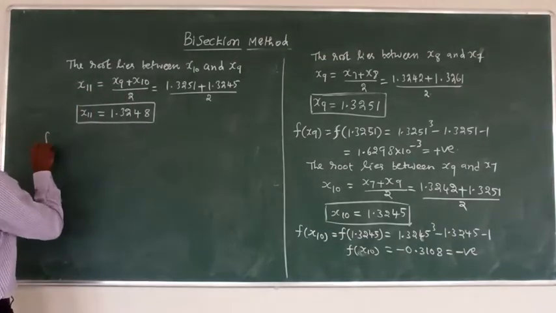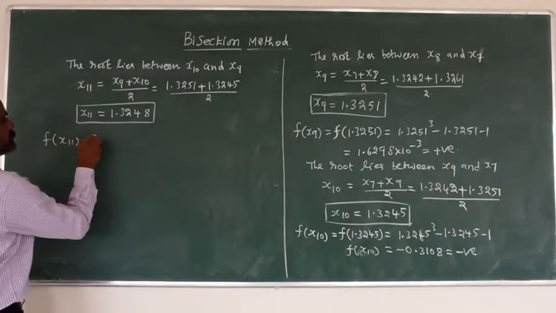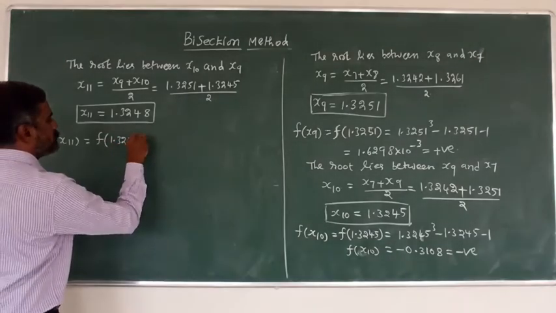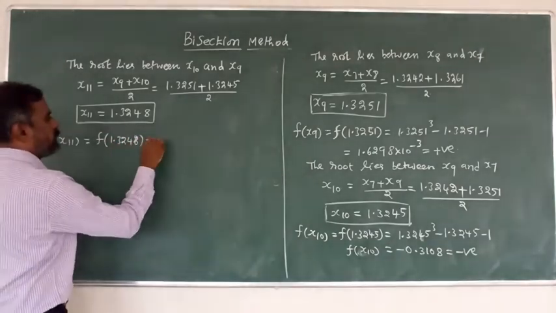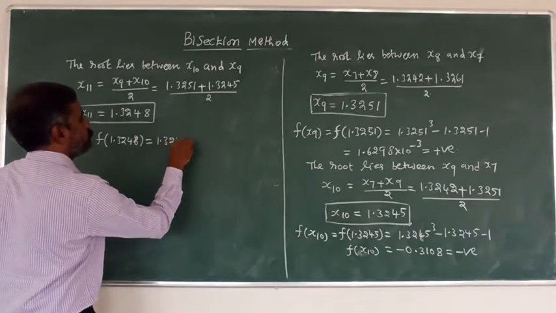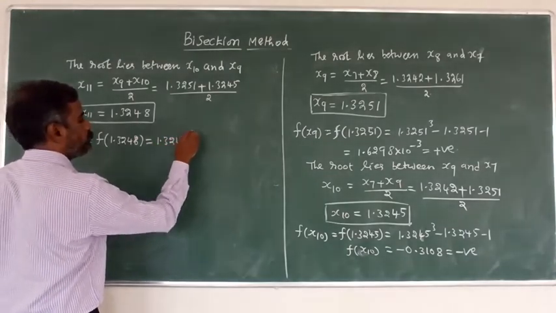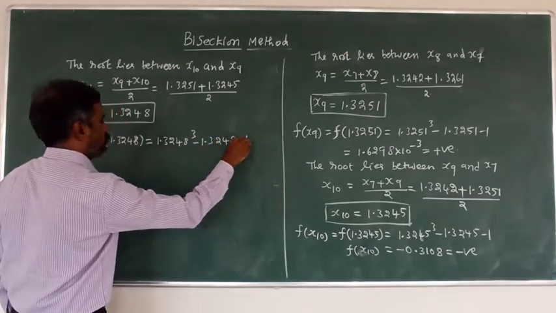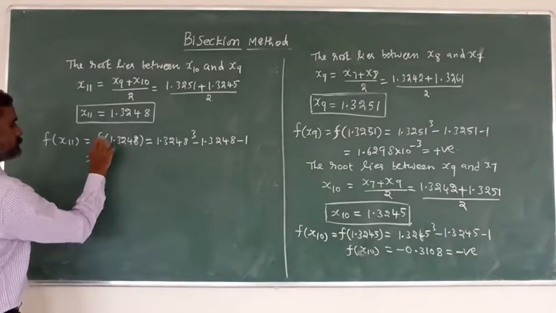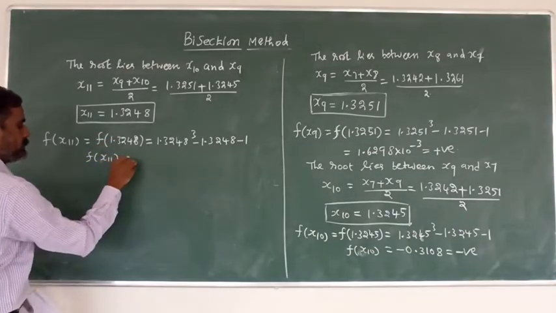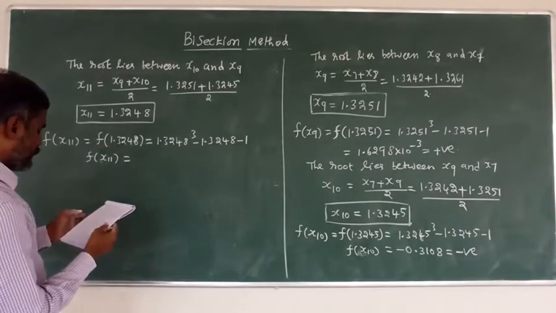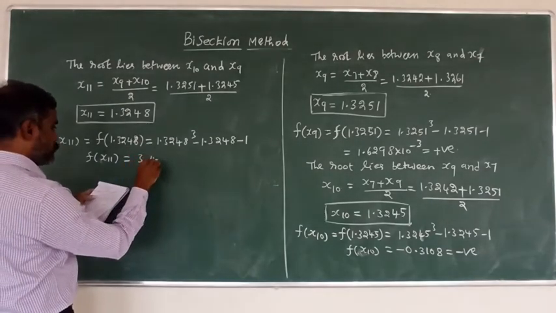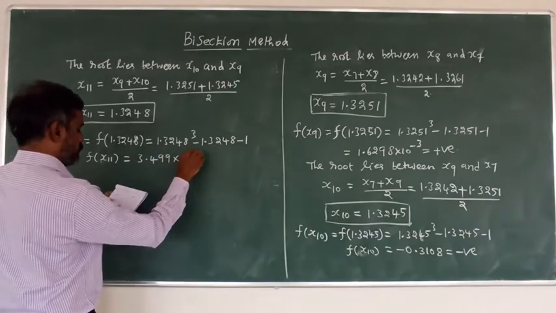Now to check f of x11, 1.3248, whether it is positive or negative. 1.3248 cube minus 1.3248 minus 1. Now the f of x11 value is 3.499 into 10 to the power of minus 4.